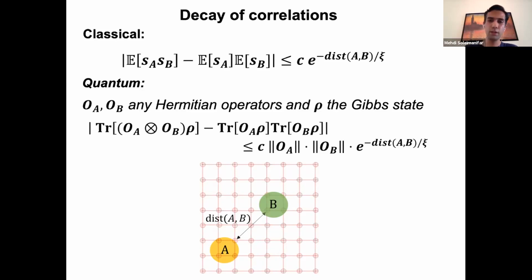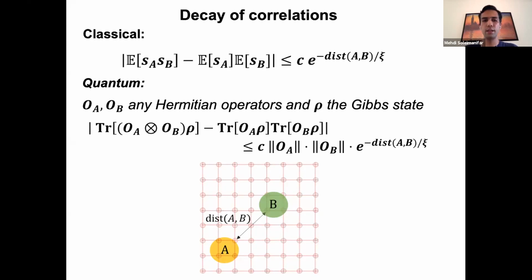So the definition of decay of correlation is similar for quantum systems. But there are also some differences. So now we consider any Hermitian operators, OA and OB, that are acting on the spins in regions A and B. And instead of Gibbs distribution, we have the Gibbs state. And instead of that covariance we have for classical spin systems, now we consider a similar expression for these matrices.